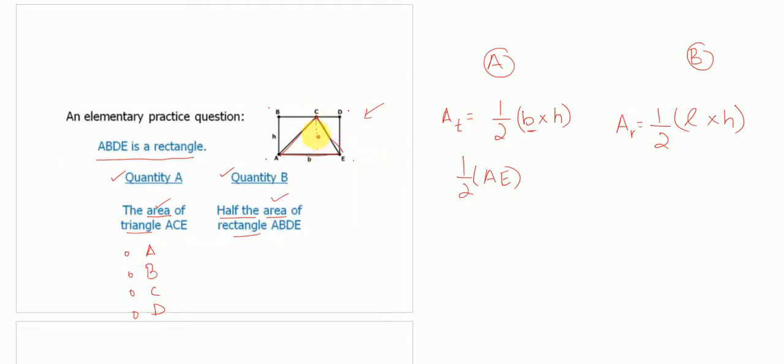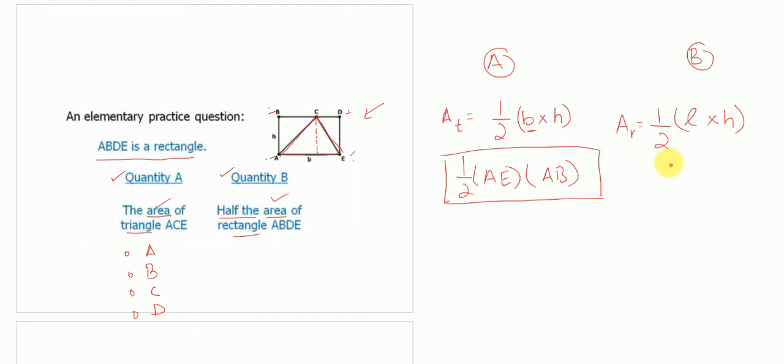We can draw a perpendicular from vertex C onto AE. So this would be the height. But remember, this height is equivalent to AB or ED, whatever you want to call it. So let's call it AB. So this is our area of the triangle.